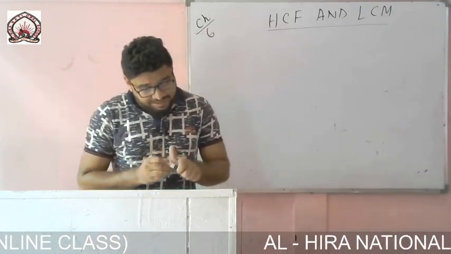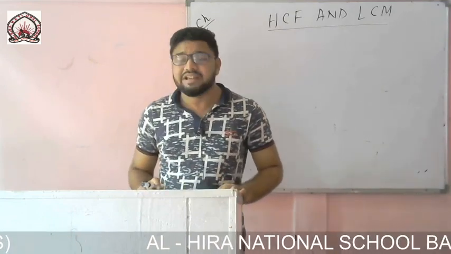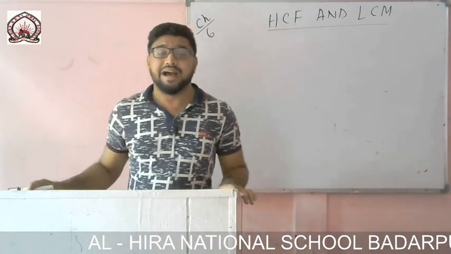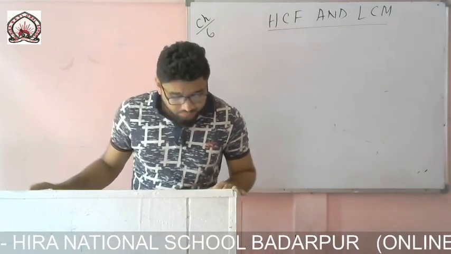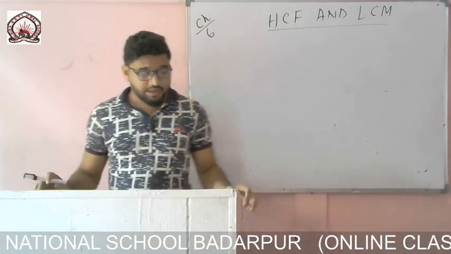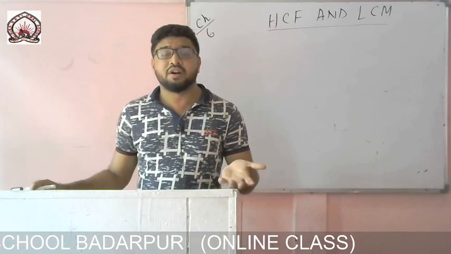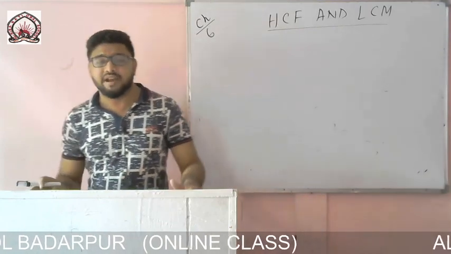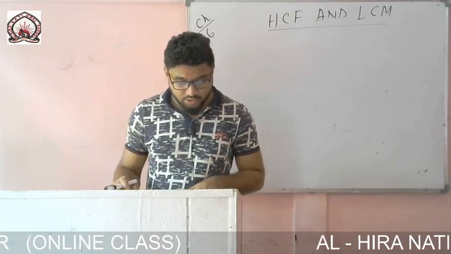Find the HCF of the numbers without the help of multiplication tables, by inspection. You need to find the HCF of the following. So how to find the HCF of these two numbers without the help of multiplication table?